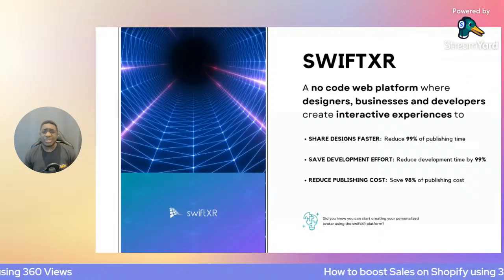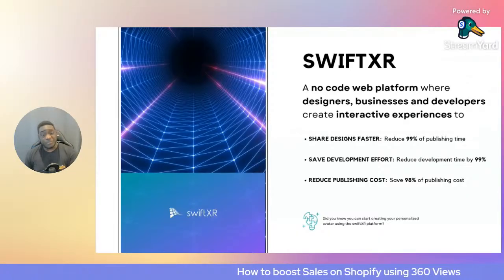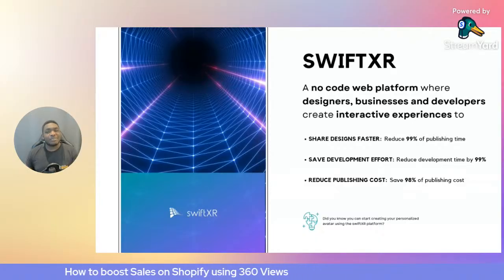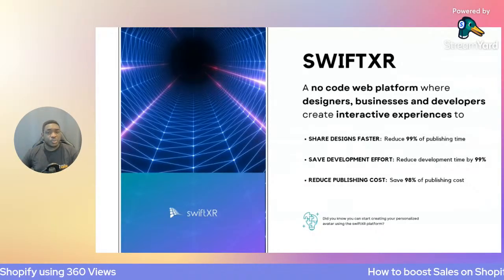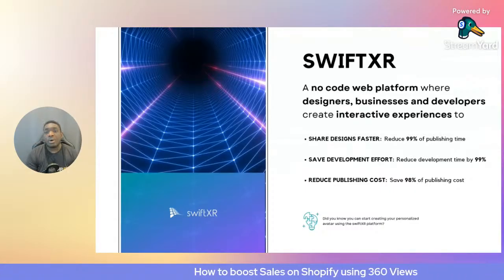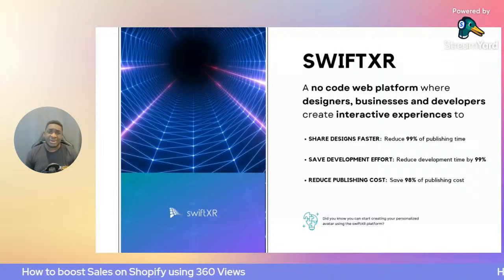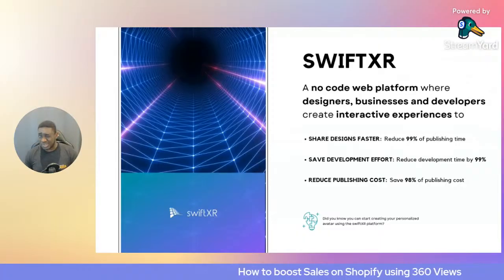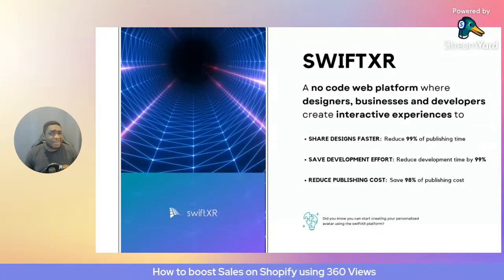And with that done, you can either view these projects in augmented reality, which is basically placing that 3D model on your real world with your mobile device, or you could view it in VR, or you could just view it on the web page, which is a bit more interactive than taking a look at a flat image, right? You can see the different dimensions, you can see different things about that particular products that you're sharing.